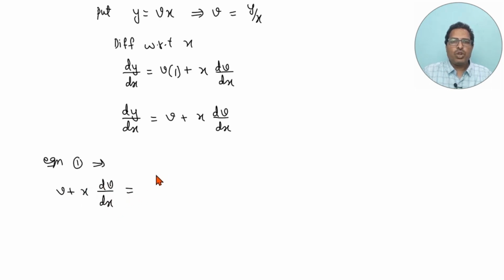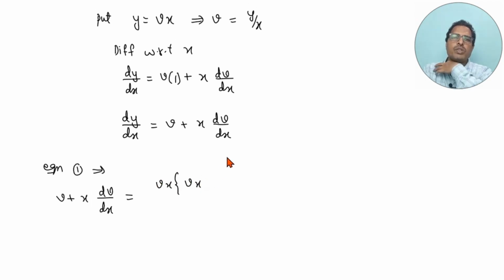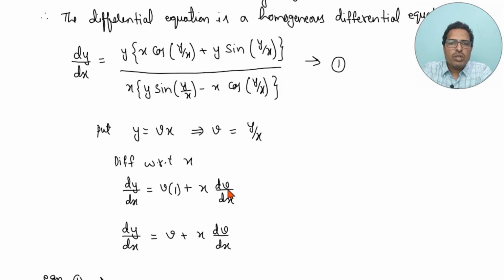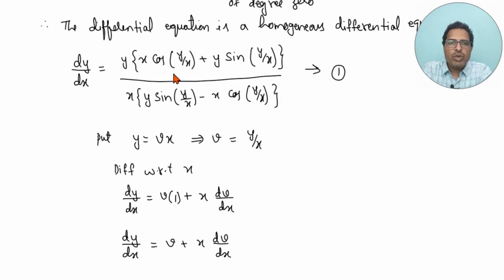is equal to, on the right hand side you have y value which is nothing but vx times, you have again y value is vx into x cos y by x.